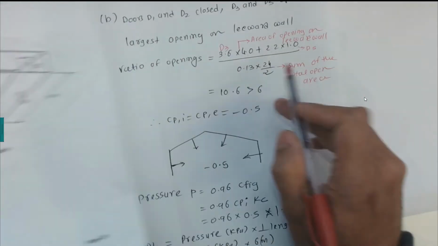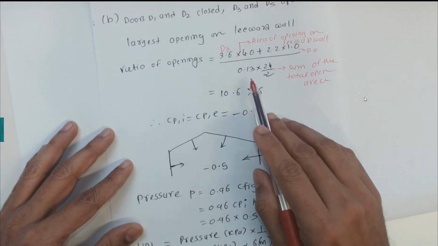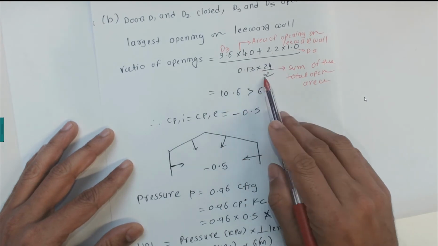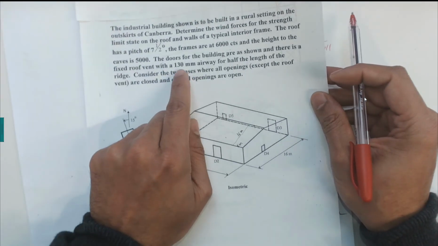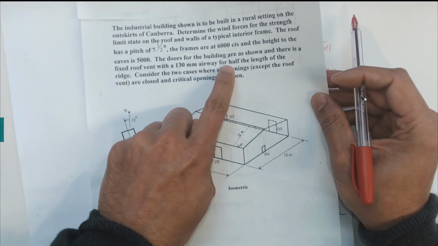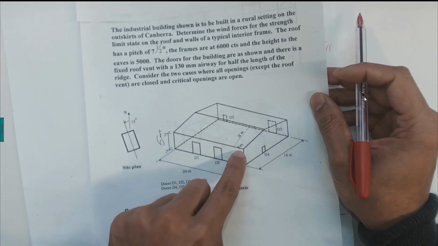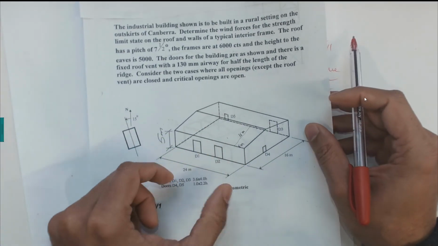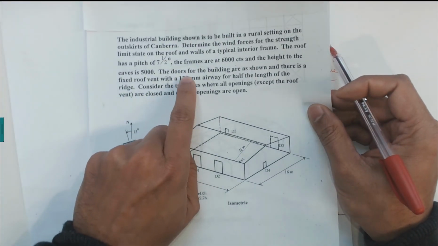And you sum them up to get the total area of opening on the leeward wall, divided by 0.13 times 24 by 2, because it's written here we have 0.13 for the half length of the ridge. So this is the ridge, and half of the length, which is 24 meters, divided by 2, and 0.13 is the opening.